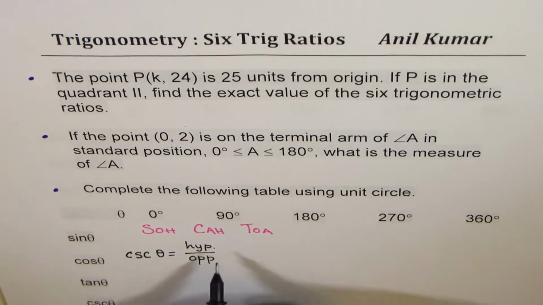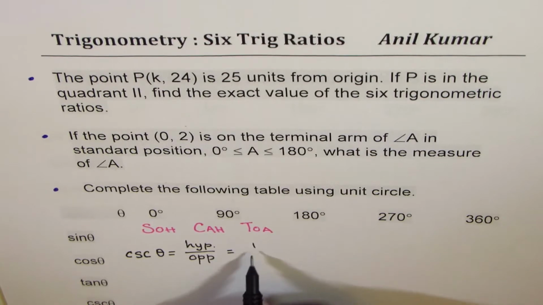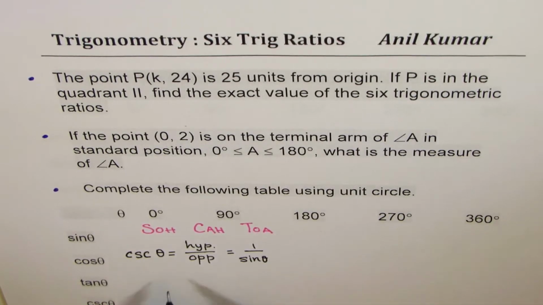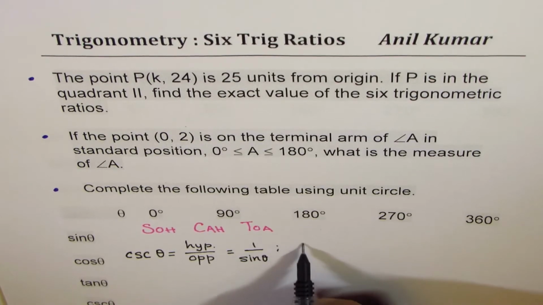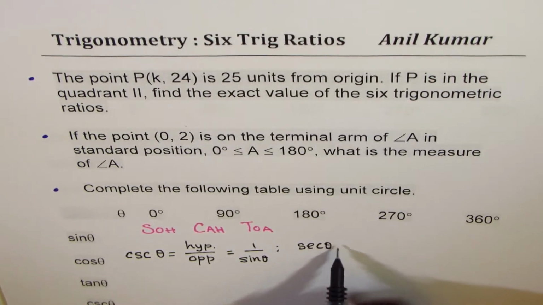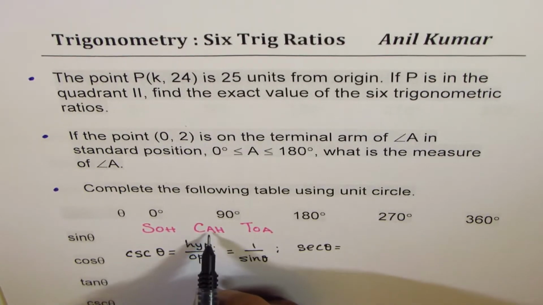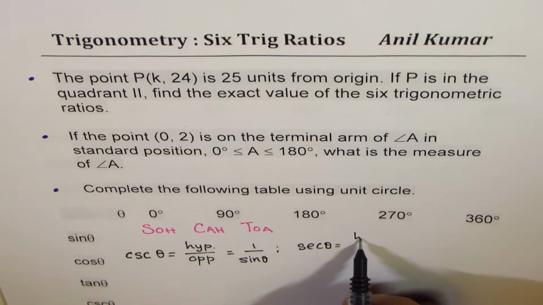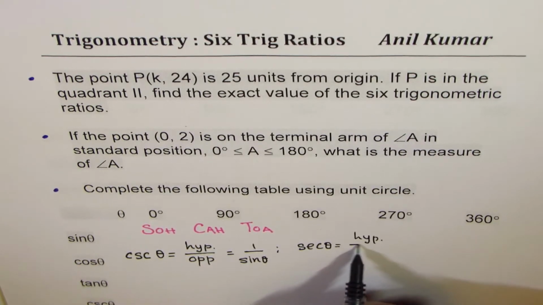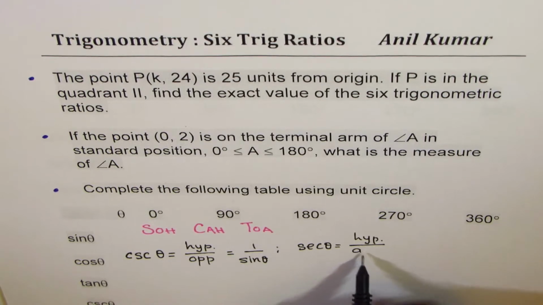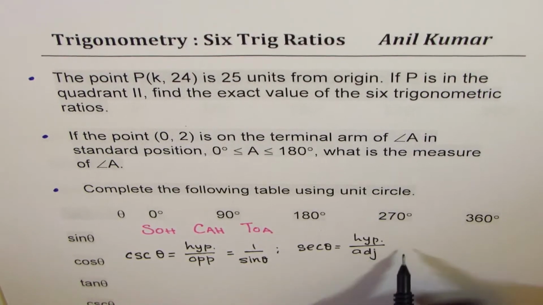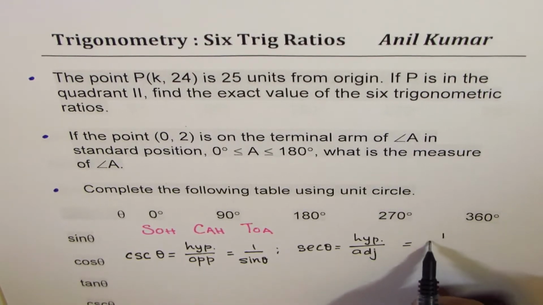So this is basically equal to 1 over sine theta. Similarly, we have secant theta, which is reciprocal of cosine and is written as hypotenuse over adjacent side, right? So that is reciprocal of cos theta.